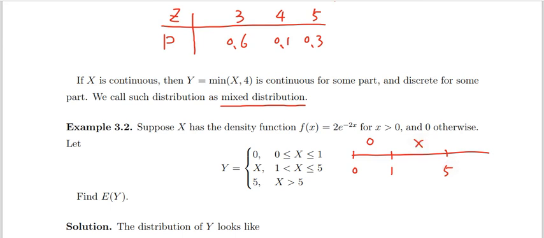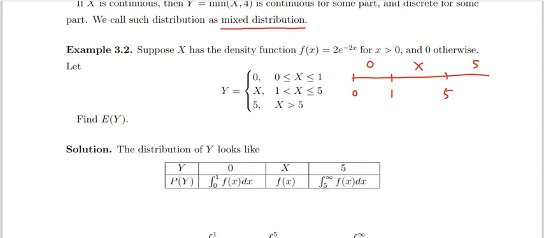And if larger than 5, we just take 5. So just like we have a limit for the payment, right? Larger than 5, I just take 5. Okay, so we find EY.